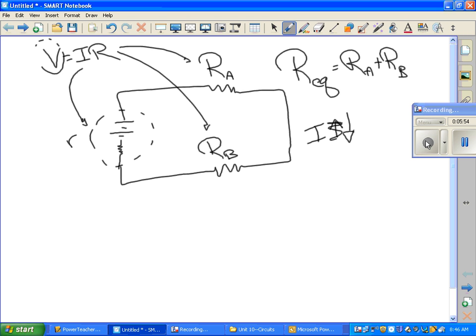So now let's look at the battery itself. It's still creating 9 volts, but it's using some voltage internally. The internal resistance hasn't changed, but there's less current going through the battery. So now the voltage used internally has also gotten smaller, which gives you more terminal voltage, more voltage outside of the battery.